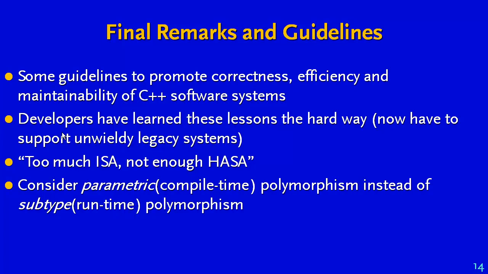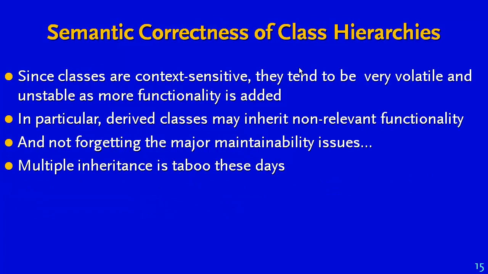But one of the biggest problems was that people used too much is-a, in other words, hierarchies and inheritance, and not enough has-a, which is composition. In the next sessions we'll be discussing parametric polymorphism, which is compile time polymorphism, using templates instead of subtype polymorphism, which will be much better.